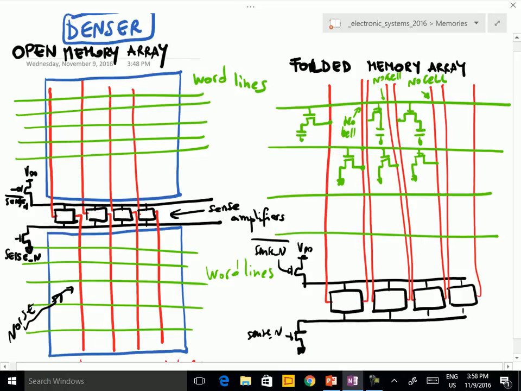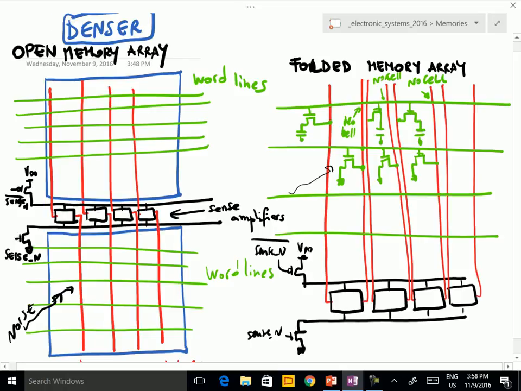Consider that the sense amplifier must detect very small differences in voltage, so even some small disturb or some noise can alter this reading. In this case, instead, the situation is different because the two bit lines that are compared are very close together.